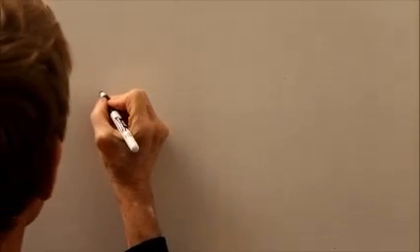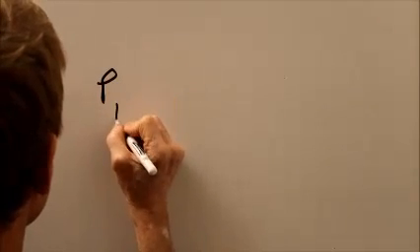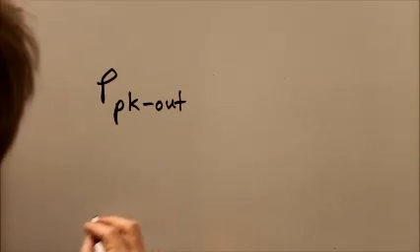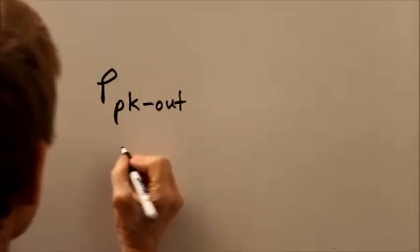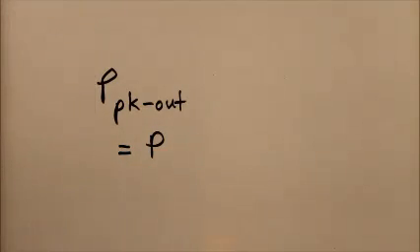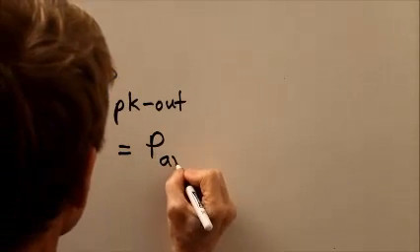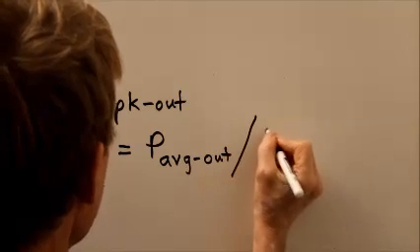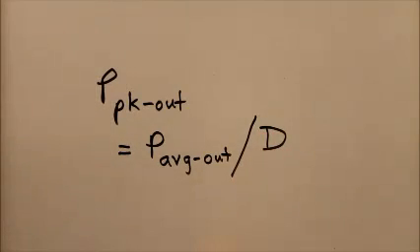So if we have a peak output power, symbolized like that, that is the peak output of the pulses, assuming that they are rectangular, then we can say that that is equal to the average output power divided by the duty cycle D as a proportion.